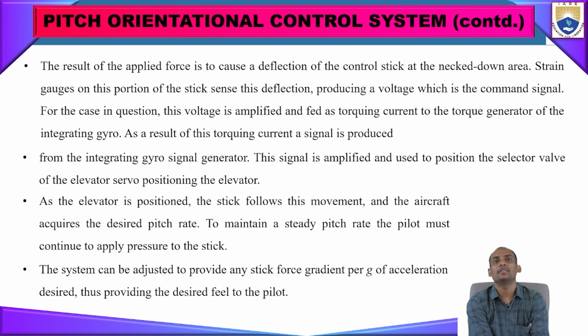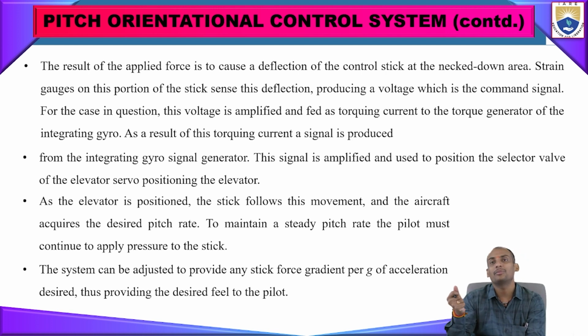As the elevator is positioned, the stick follows the movement, and the aircraft achieves the desired pitch rate. To maintain that steady pitch rate, the pilot must continue to apply pressure on the control stick. The system is adjusted to provide any stick force gradient per G of acceleration desired, providing the desired feel to the pilot.